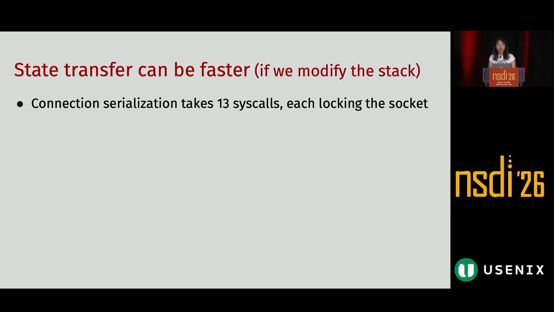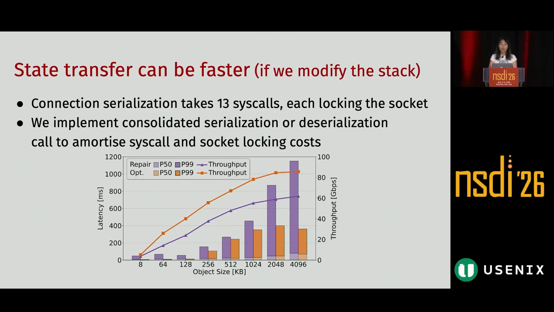But if we modify that, we can actually cut the latency of connection serialization and restoration. This is because the current Linux API takes multiple system calls for these two operations, and each of them requires a separate socket lock, which takes a lot of time.